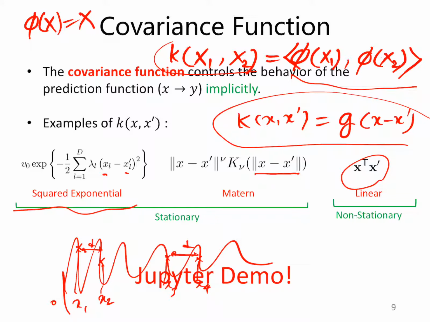If x and x' are very similar to each other, almost identical, it's going to produce 1, very, very similar. And as they get further and further away from each other, this kernel goes down. So let's make some of these and take a look at what kind of functions in a space this kernel is going to induce.